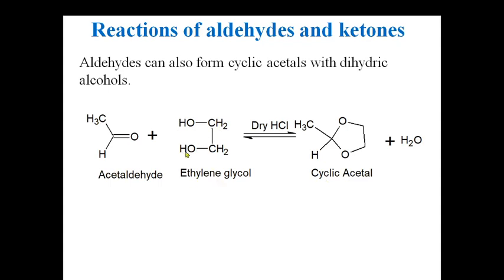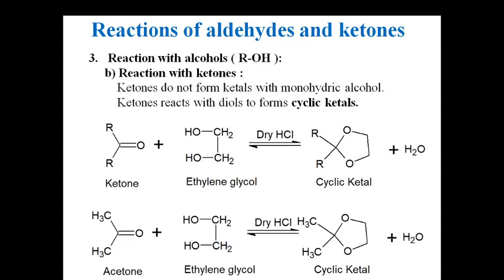In this case, simple dehydration will take place like this. 2 hydrogens from the 2 hydroxyl groups and an oxygen will be eliminated, and this CH2CH2O part will join to this carbon in a cyclic way. So you get this cyclic acetal. So this is about the reaction of alcohols with the aldehydes.